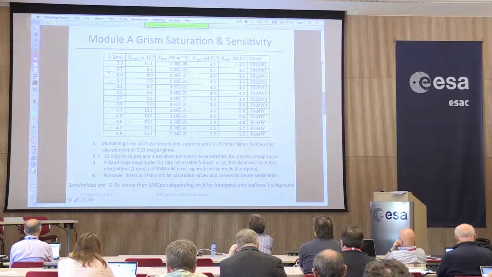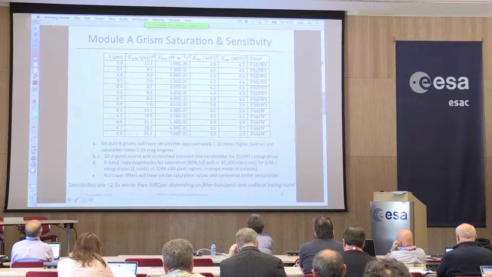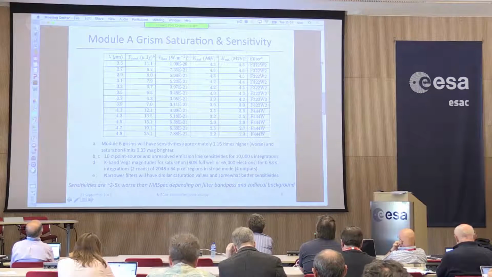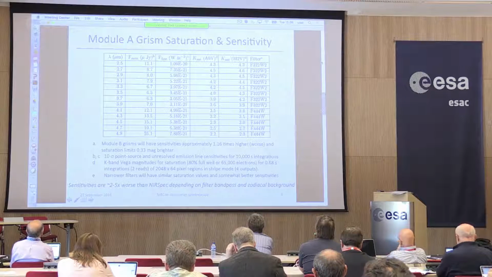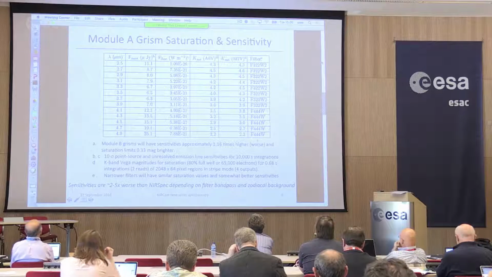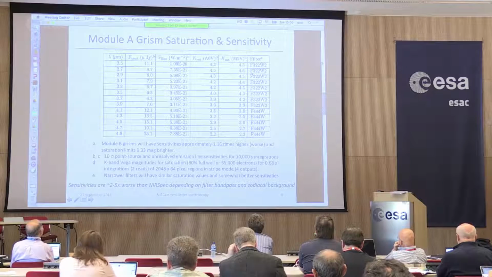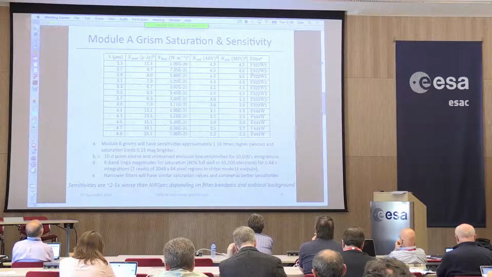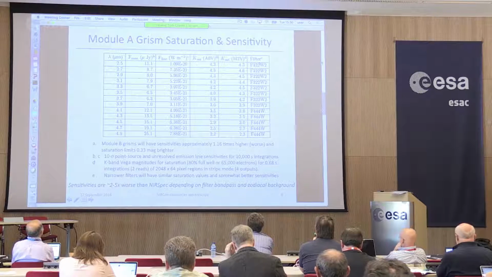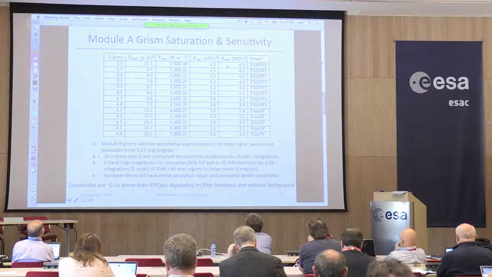This is a table of the continuum and line sensitivities for single objects and the saturation limits at different wavelengths. I've just computed them for these 2 wide filters. They do change a little bit if you use different filters. If you use a more narrow filter, the sensitivity gets better because there's less background coming in. The saturation limits won't change much, though.